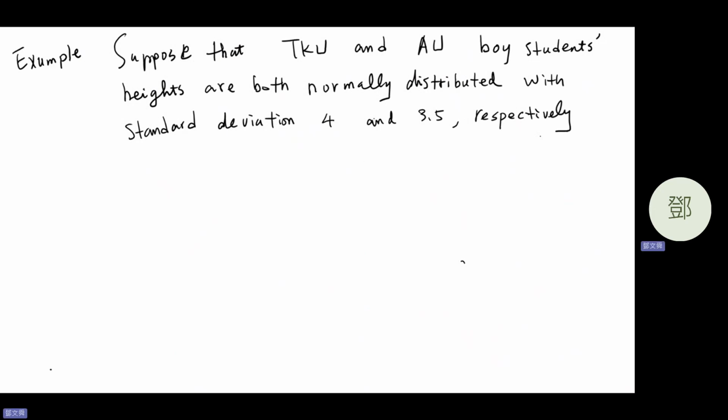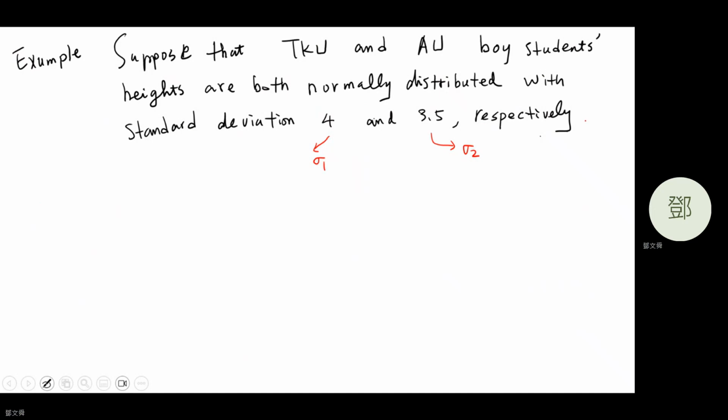And when you see this, you should know that this is a sigma 1 and this is a sigma 2. All right. Okay.